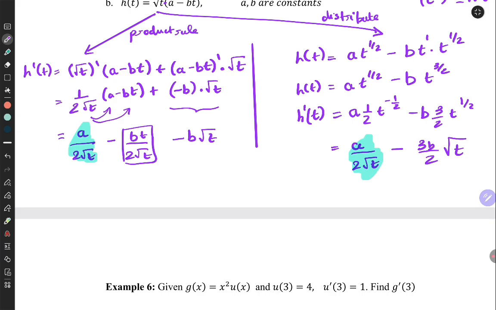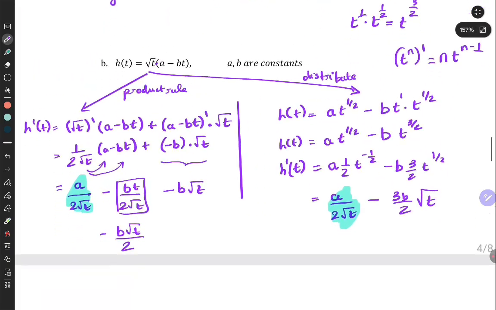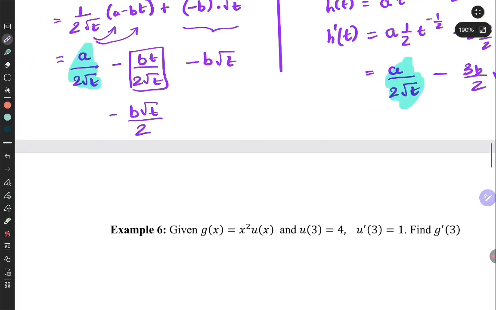I see square root of t in the bottom. Can I do that? Okay. You guys scare me.